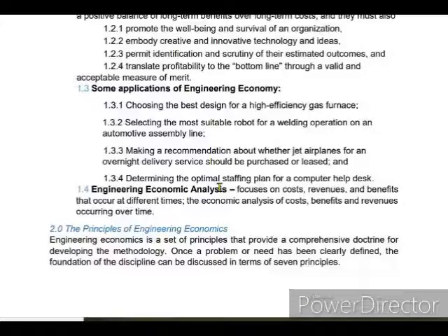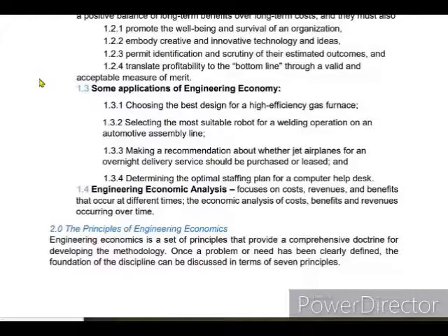Leasing means renting. So next, determining the optimal staffing plan for a computer help desk. So here it applies to the human resources. Okay, so this applies to the work system. If you design a work system, okay, it should make the working condition efficient.